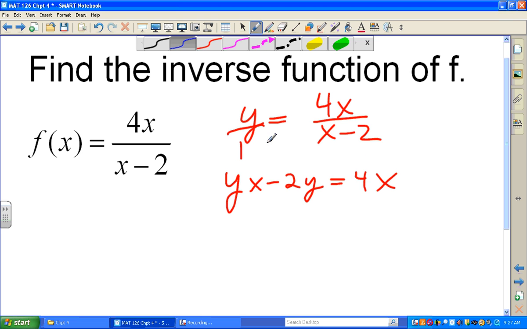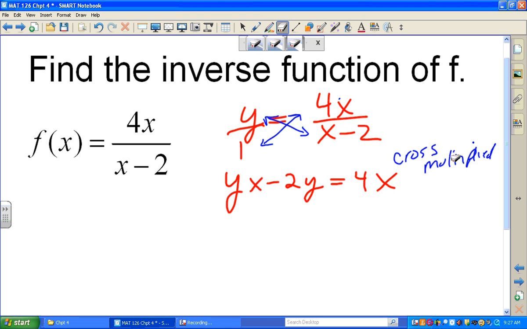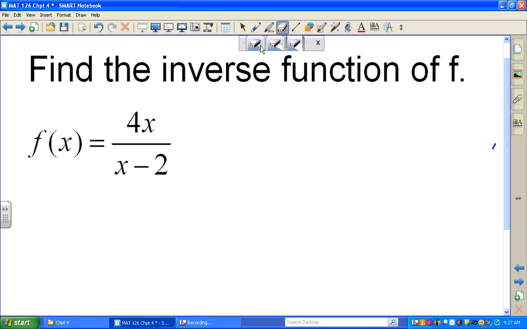I did multiply. So I cross multiplied. Wait a minute. Yeah, I got just a little bit ahead of myself because I was still thinking about the monkey issue.